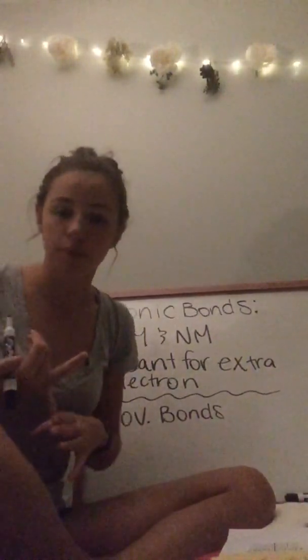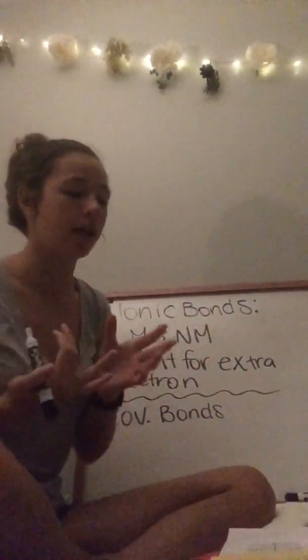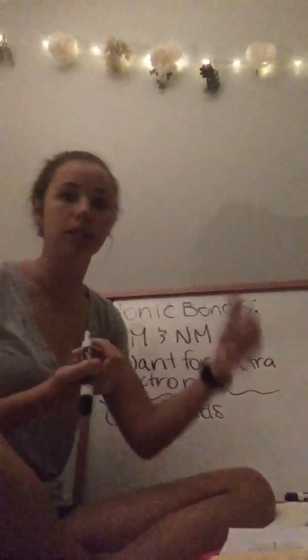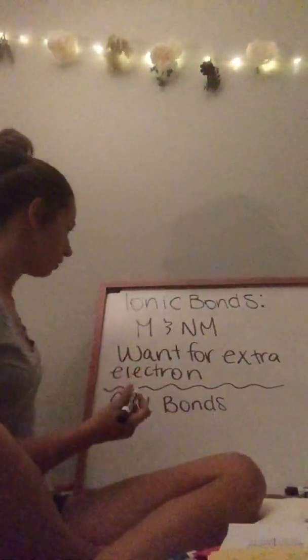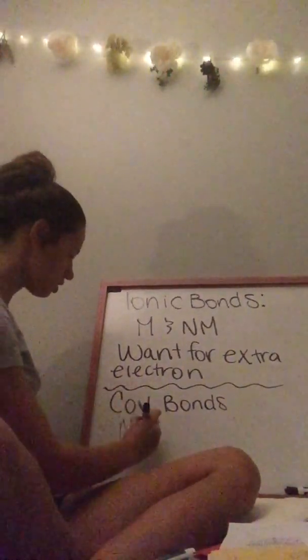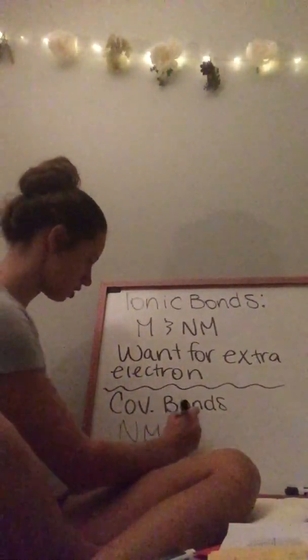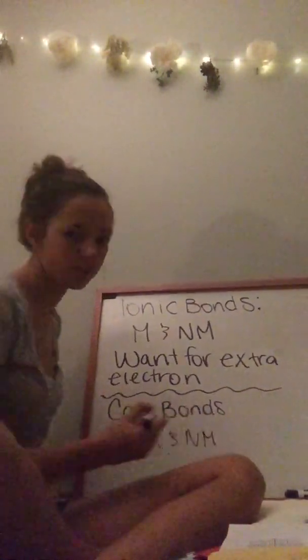So the valence shells are going to be closer to being full, and there's not going to be that "I really want one and I really don't want one." The electronegativity is going to be a lot more streamlined and similar on that side. So you know that it's going to be between a nonmetal and a nonmetal.